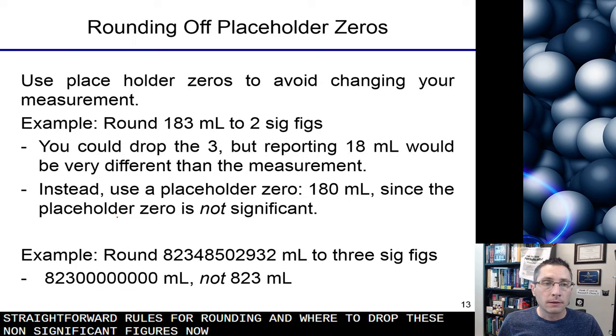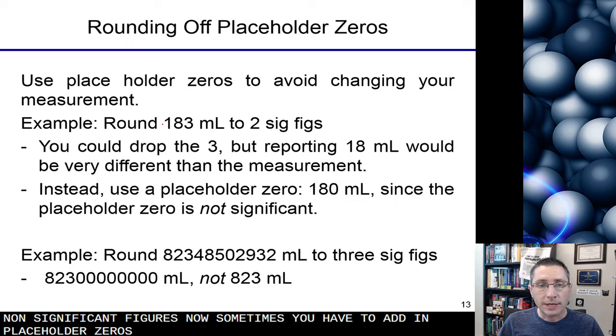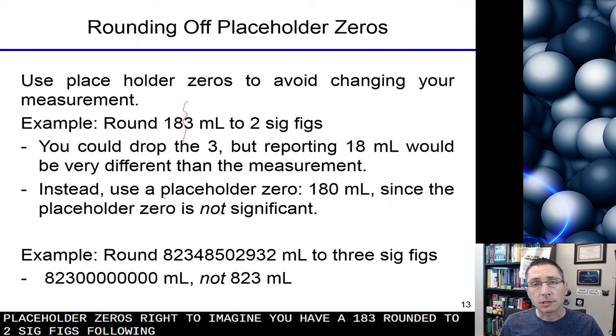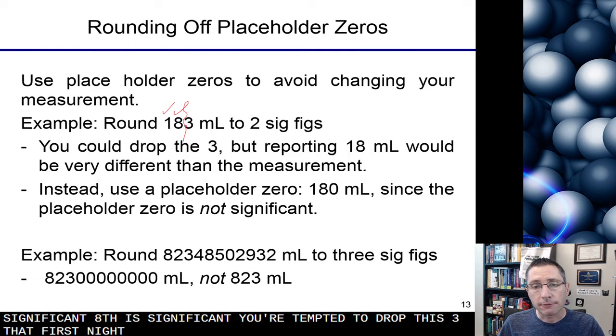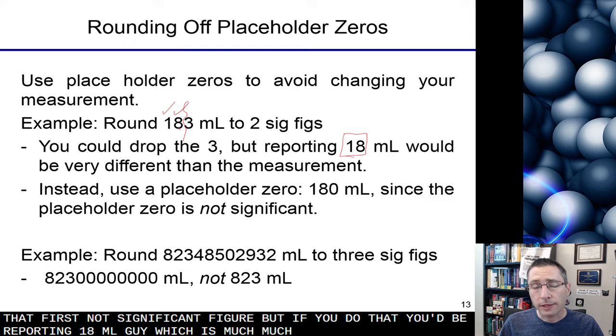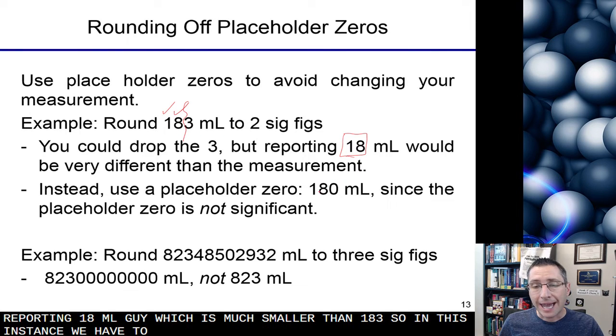Now, sometimes you have to add in placeholder zeros. So imagine you have 183 rounded to 2 sig figs. Following what we just learned, the 1 is significant, the 8 is significant. You're tempted to drop this 3, that first non-significant figure, but if you do that, you'd be reporting 18 milliliters, which is much smaller than 183. So in this instance, we have to actually add a 0.